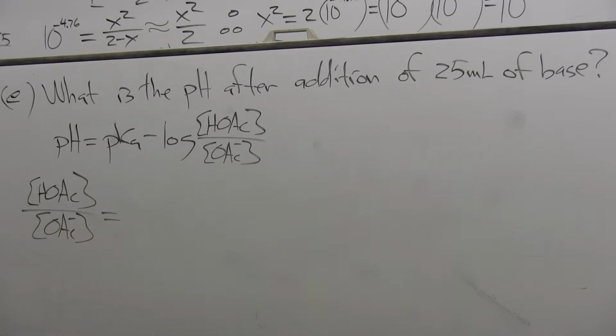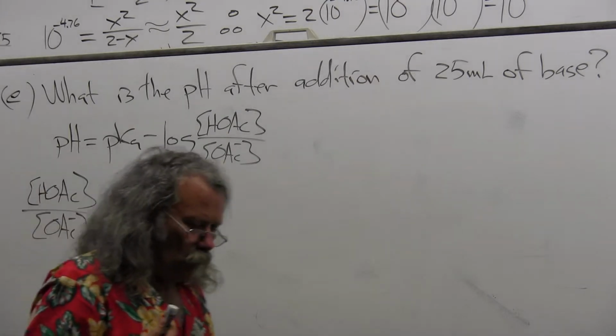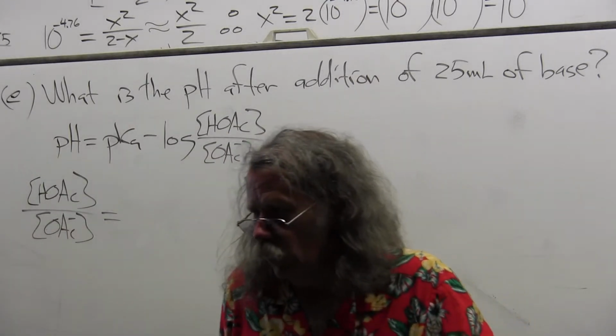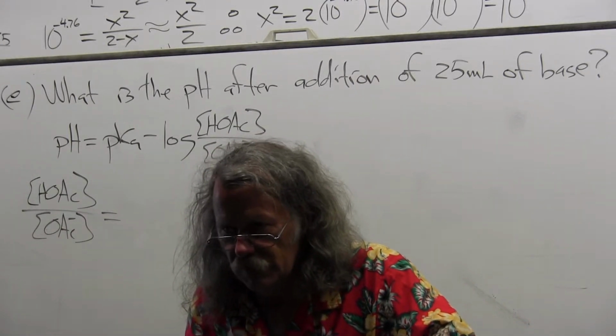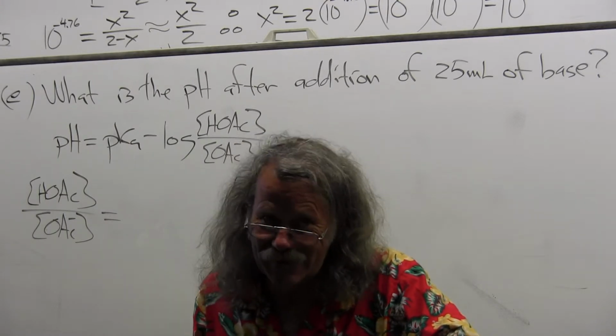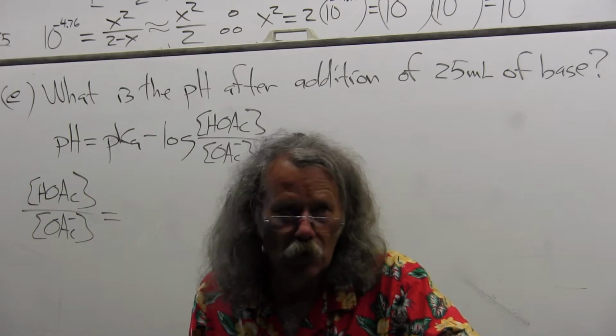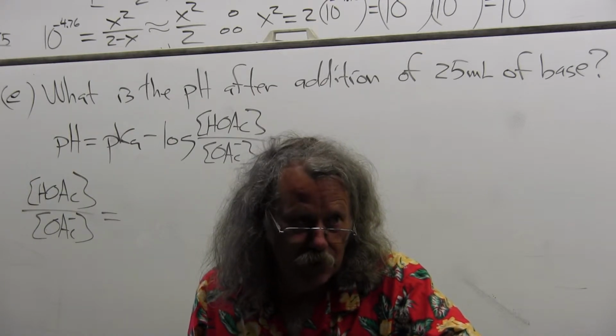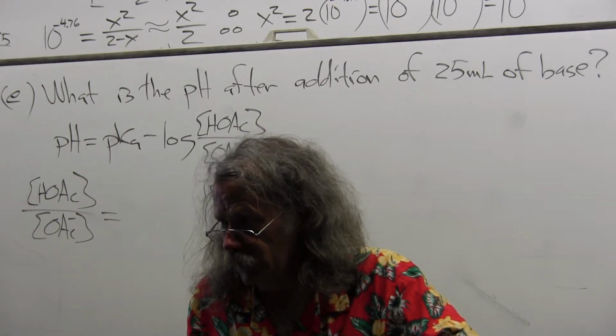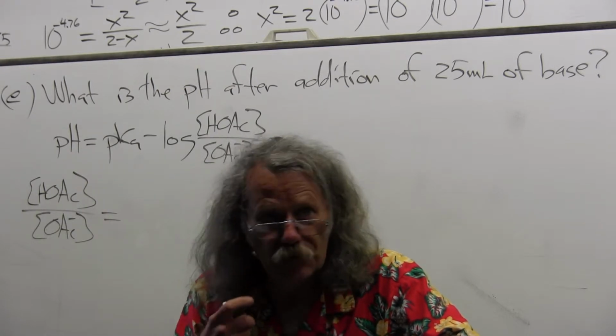Now we have to take advantage of the fact that for every mole of base that I add, I'm going to remove a mole of acid and generate a mole of acetate. So there's a proportionality there.